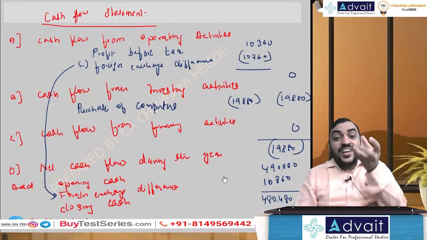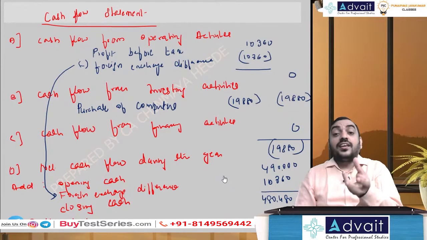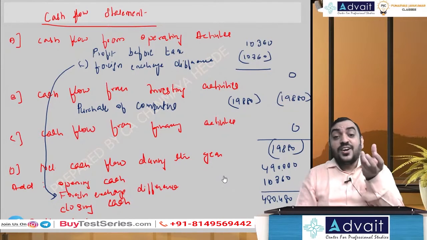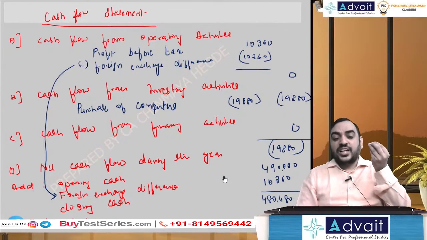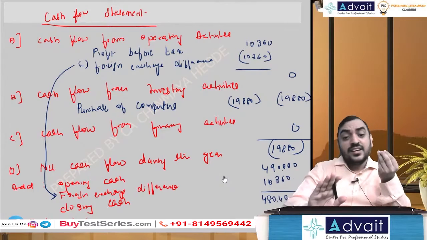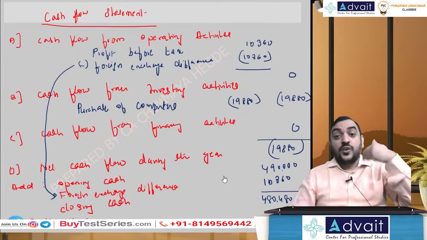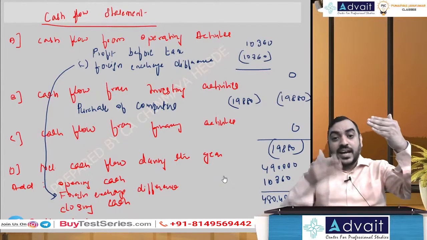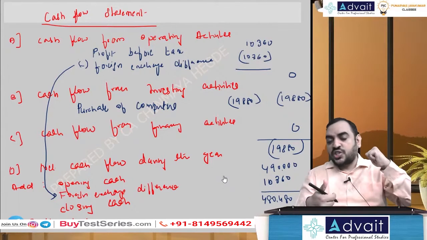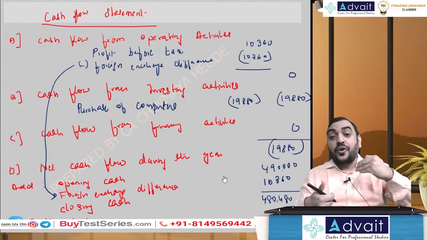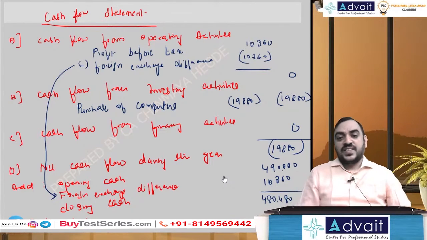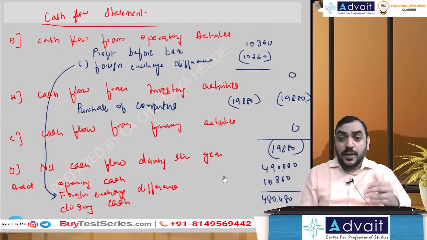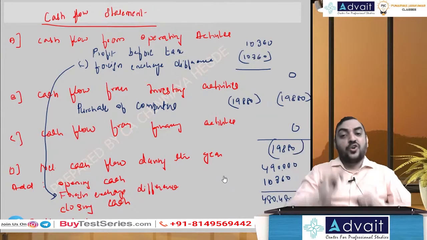The change in the value of cash, the change in the value of foreign currency, is unrealized gain. So you take it out from the operating activities and you put it in the reconciliation statement. If it was a loss, you add in operating activity, subtract in the reconciliation statement. If it was a profit, like now, you subtract in operating activities, you add in the reconciliation statement. And where does the reconciliation statement come? After opening balance, before closing balance.